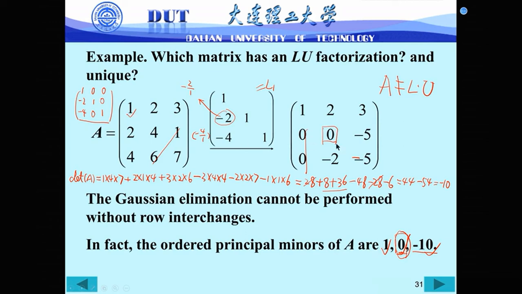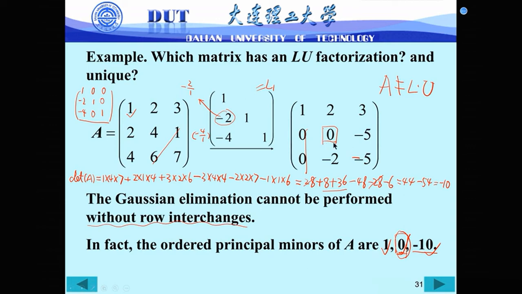In step 2, this number is the pivot. Now, this is a 0 pivot. We cannot perform Gaussian elimination. As we said last week, without row interchanges, we cannot perform Gaussian elimination.